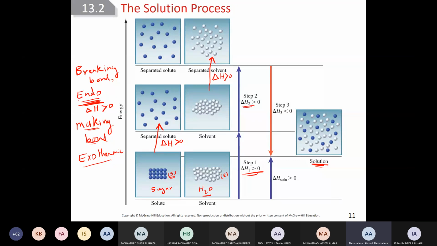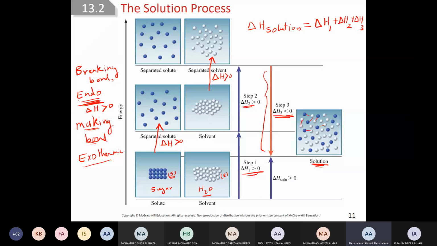When we make the bonds between sugar and water, is this exothermic or endothermic? Exothermic, to make the bond. So delta H3 is exothermic, and this will be less than 0. Delta H solution is equal to delta H1 plus delta H2 plus delta H3.